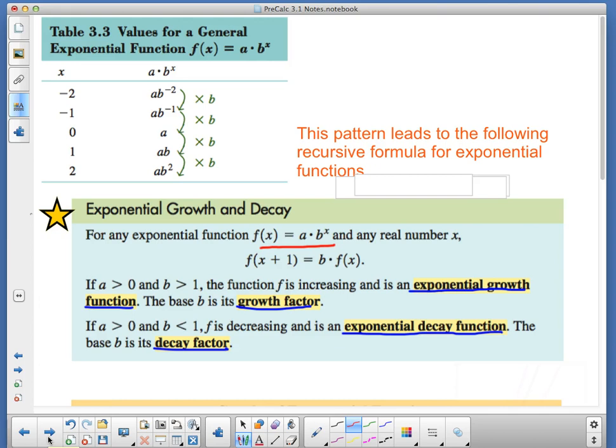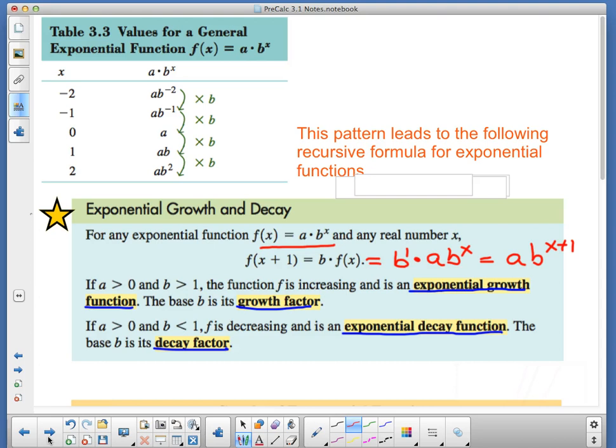So if that's f of x, they're just taking b times f of x, which is a b to the x power. Remember, that's b to the first power. If I was going to combine like terms, wouldn't this just become a b to x plus 1 power? And so they're kind of driving it, hey, this is the same as putting x plus 1 in for x. And that's what it is.